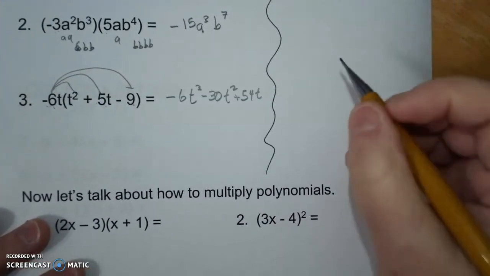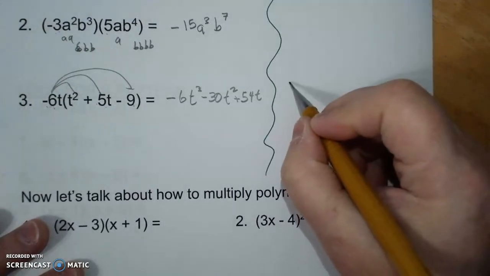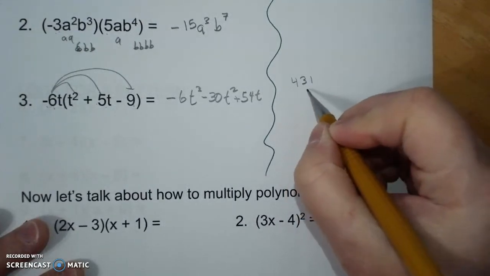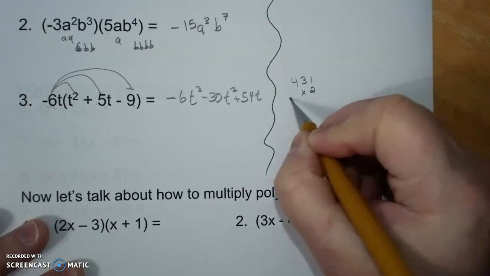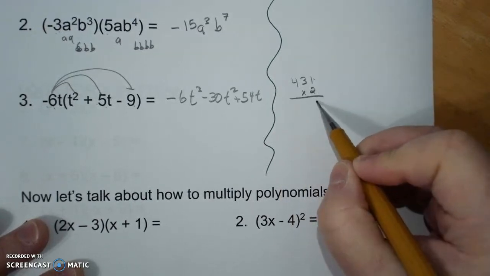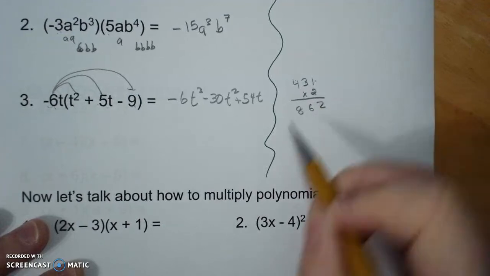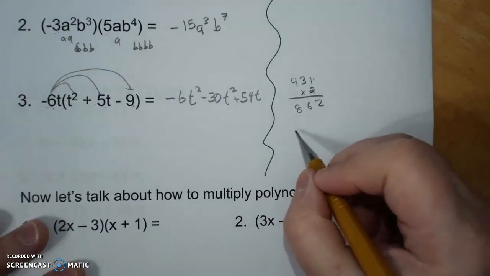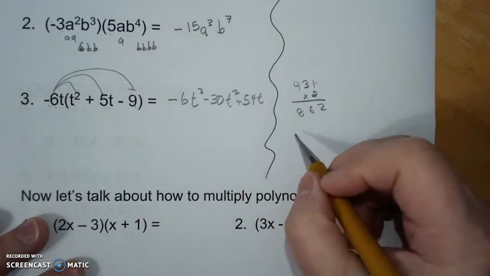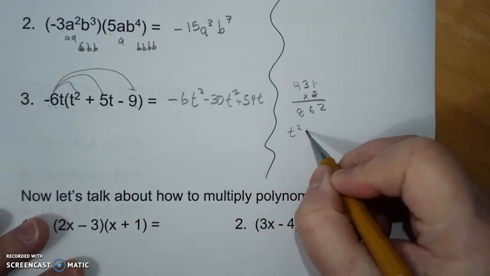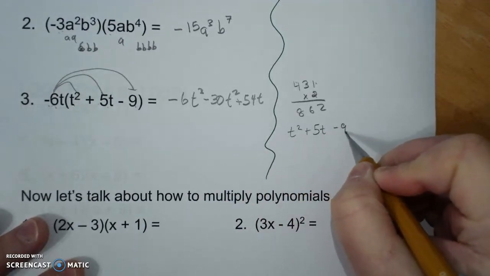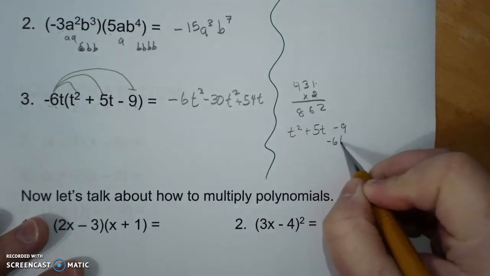Now, this is the same way as going 431 times 2, where you would go 2 times 1 is 2, 2 times 3 is 6, 2 times 4 is 8. And I'm going to do this because I'm going to build on this process. So this is t squared plus 5t minus 9 times negative 6t.